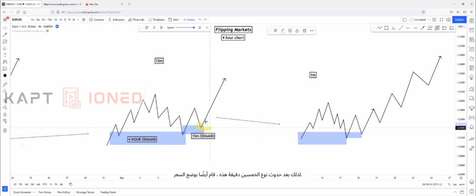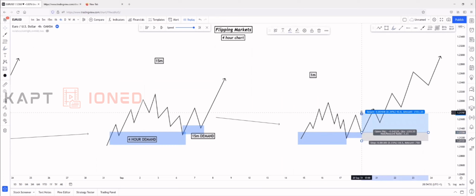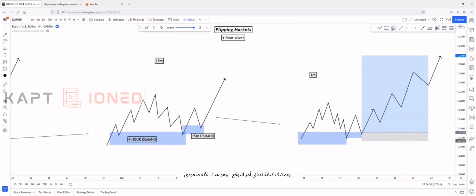So after the tap of this 15-minute zone happened, here also on the 1-minute, price will change character on the 1-minute also. So break through the last high point, change of character, it will create a demand zone. And after the change of character, you can mark your demand zone out and hop in a trade on this demand zone, so hop in a long trade. And you can write the expectational order flow, which is this one, because it's bullish in this case.